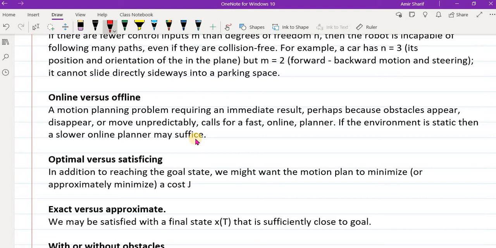So online planning, we have to use it in real-time scenarios where you have to react immediately.